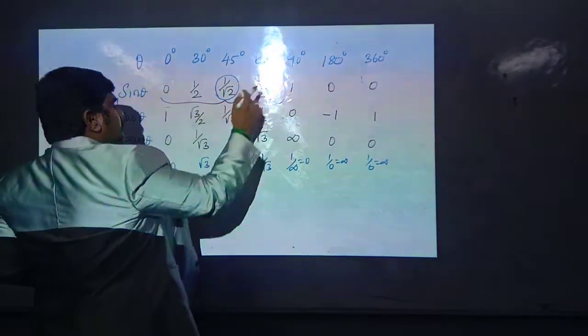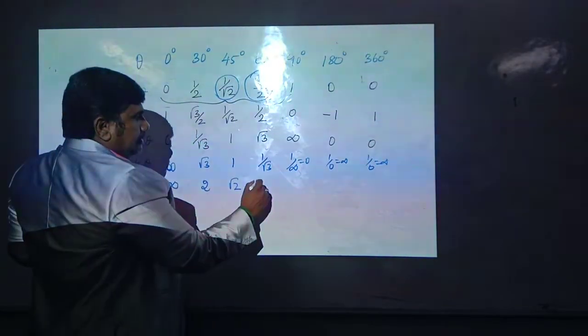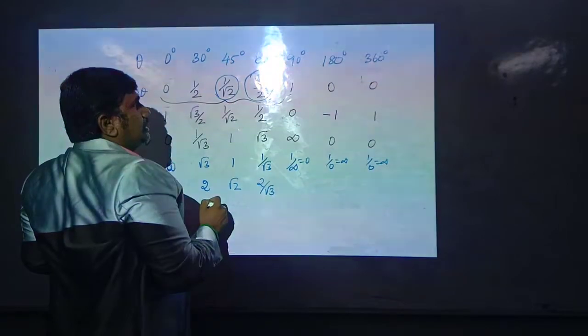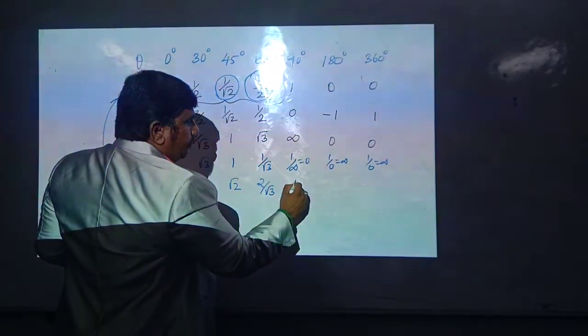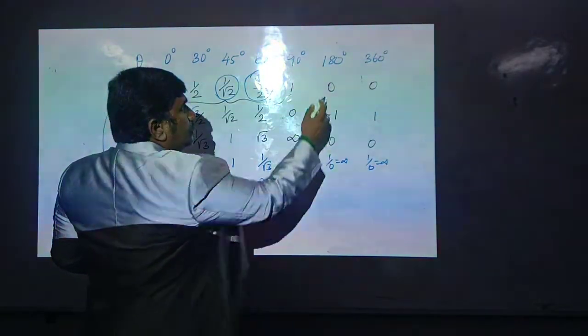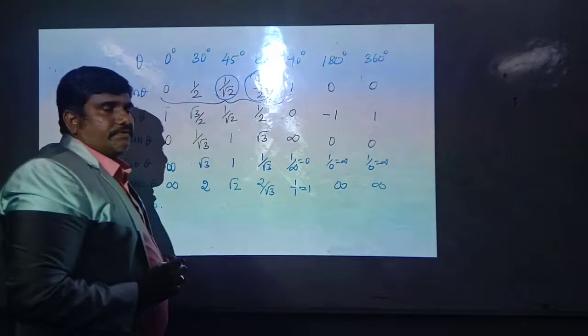Then cosecant 60 is the reciprocal of sine 60, that becomes 2 by root 3. Then cosecant 90 is the reciprocal of sine 90, that is 1 by 1, again 1. Then the reciprocal of 0 is infinity, and again this becomes infinity.